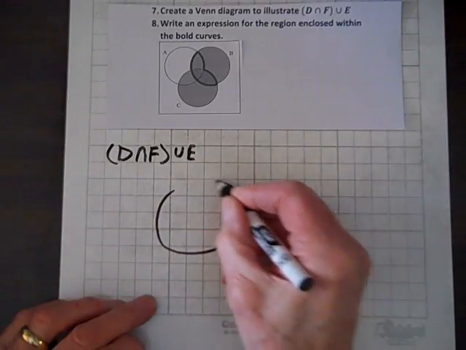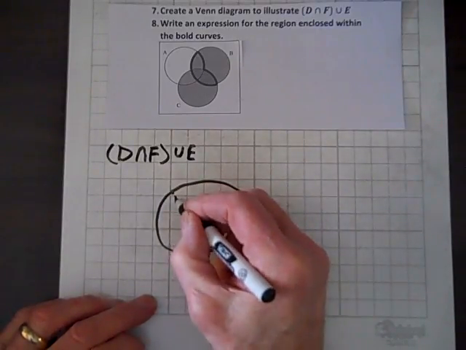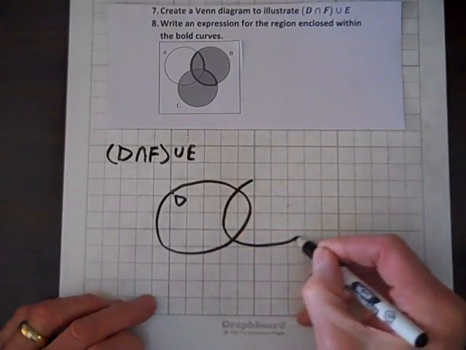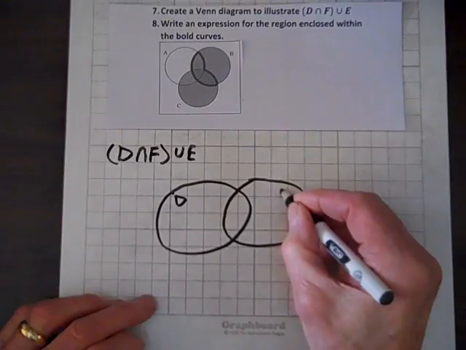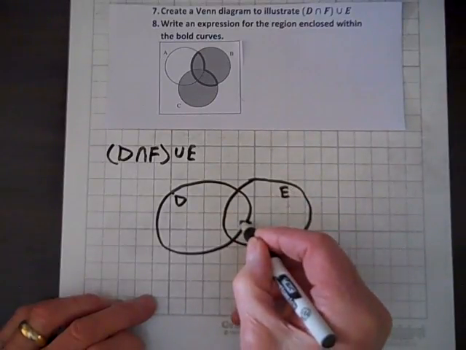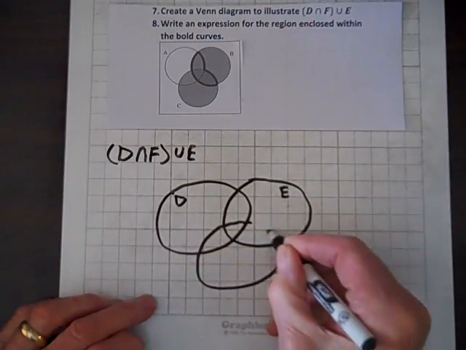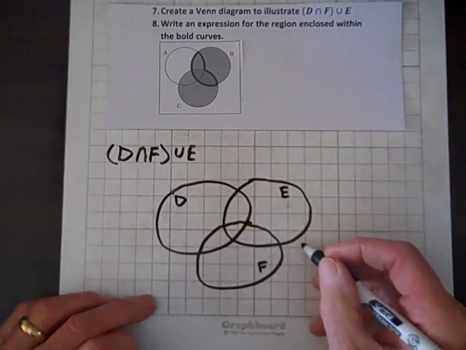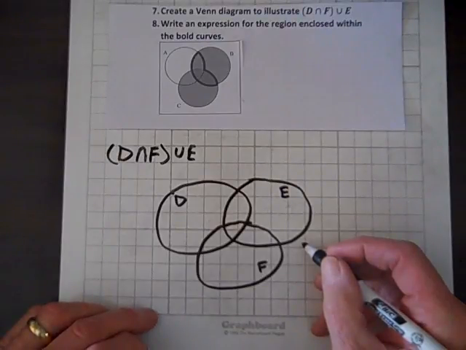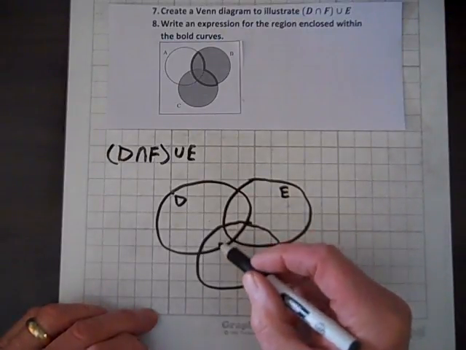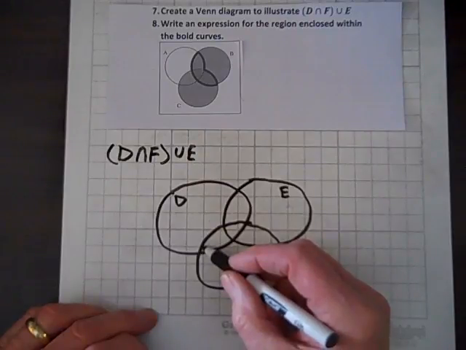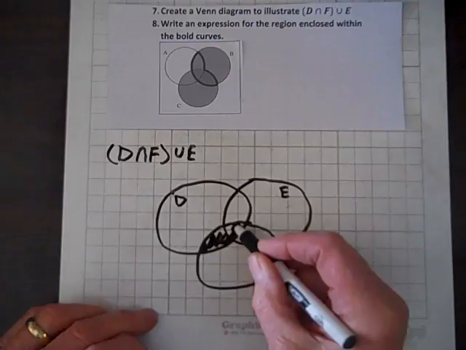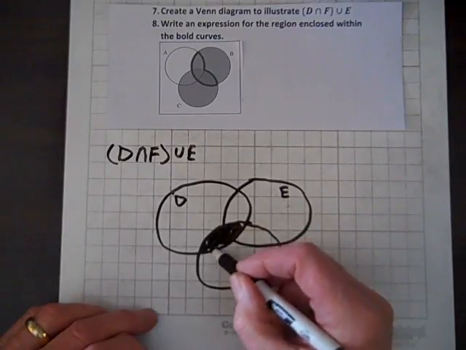So there's D. And there's E. And here is F. And create a Venn diagram to illustrate D intersect F. Well, D intersect F is this region where the two overlap.